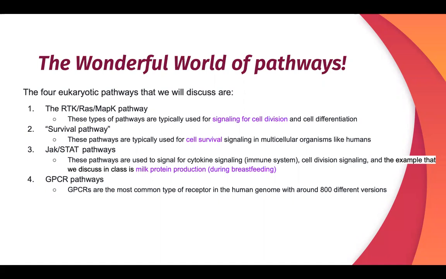Then we have JAK-STAT, which signal for cytokine signaling, cell division, a more variety of things. But in class, we talked about milk protein production. And then we have the GPCR pathways, and these are our most common type of receptor in humans. We have like 800 different versions of these.